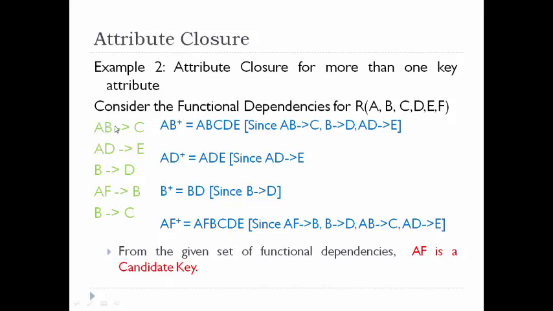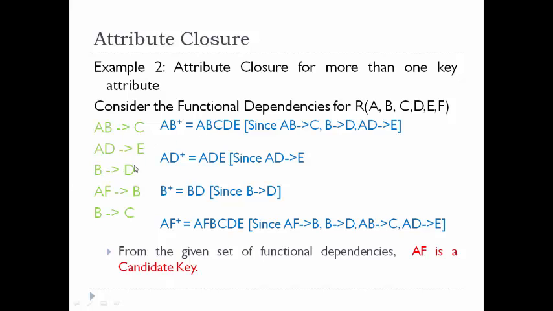Now we are going to find the closure for AB and AD and B. AB is giving C, so we will have A, B and C. Now we have to check whether we have any dependencies for B or for C, or for the combination BC, or for the combination AC.